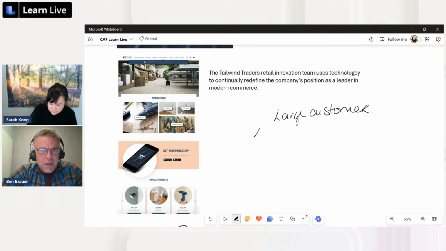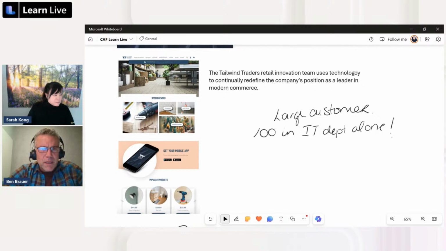That describes a group of people who are completely aligned to the IT strategy. What they're typically doing with their technology is redefining the way they think about their position as a leader in modern commerce.